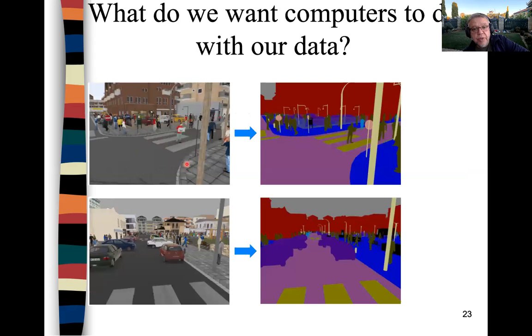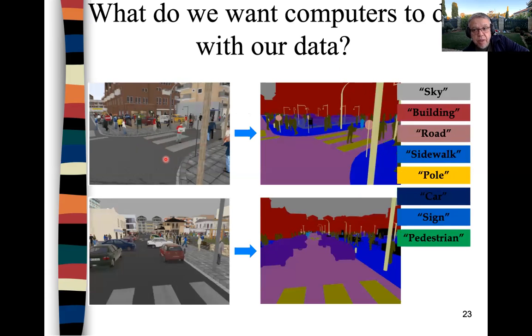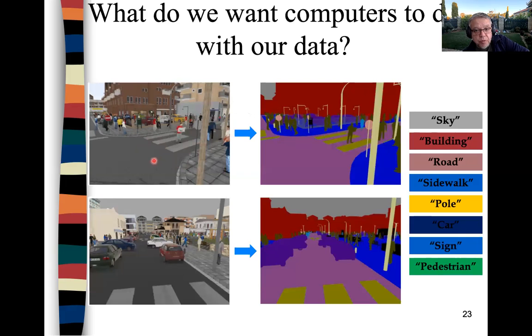In this case, this is called semantic segmentation, where you would like to associate each pixel to a certain class. For example, here, all these pixels are assigned to the label sky. All these pixels here are assigned to building.